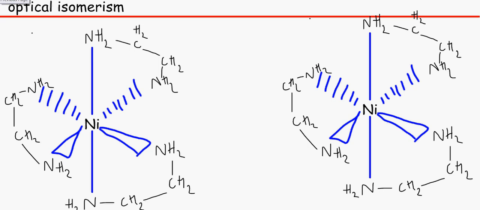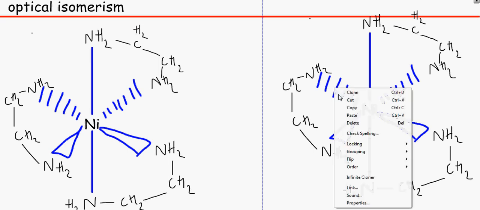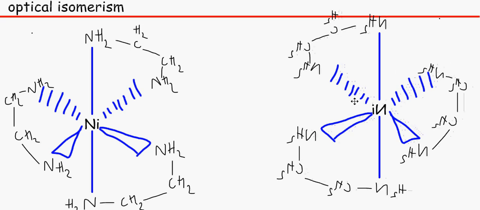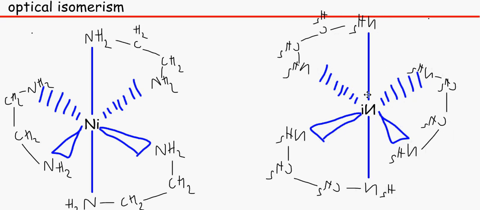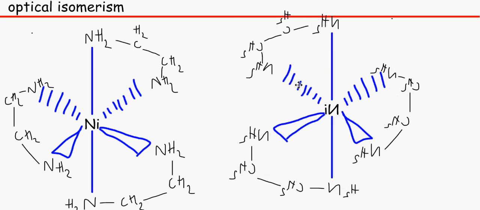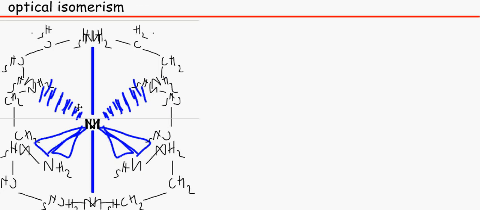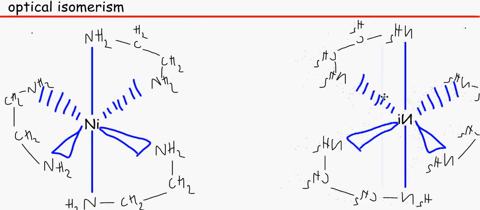Mono means one, so monodentate ligands give off one lone pair of electrons. And as you can see here, if we just flip this like so, I know the letters have also flipped, which is not really the best, but as you can see here, these are non-superimposable mirror images of each other.